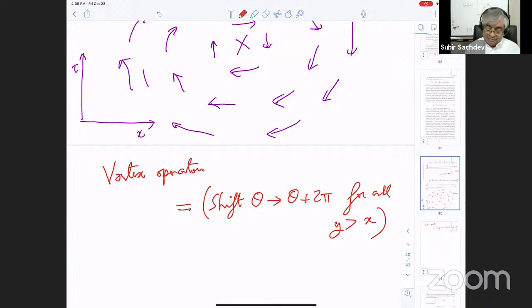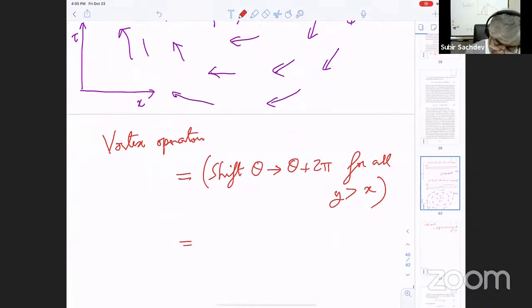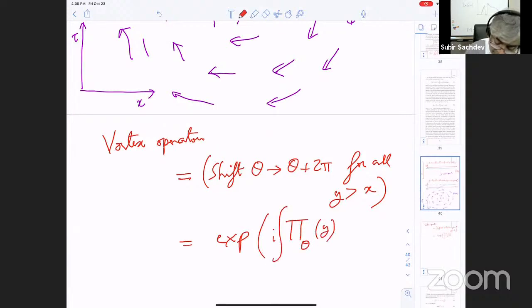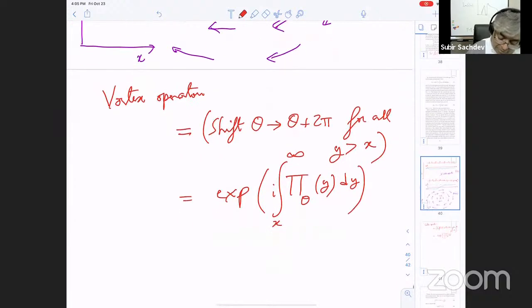So how do we shift? Well, that's easy. You just take the canonical conjugate momentum. I'm not going to get any sign right here. It's i times pi theta of y, and you integrate from x to infinity of dy. And we also know that you have to shift it by 2 pi here.